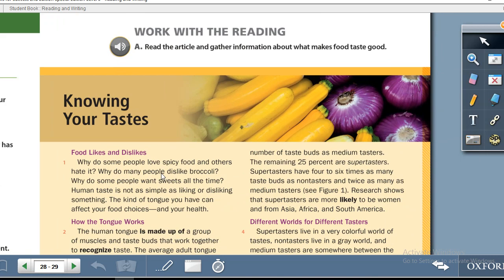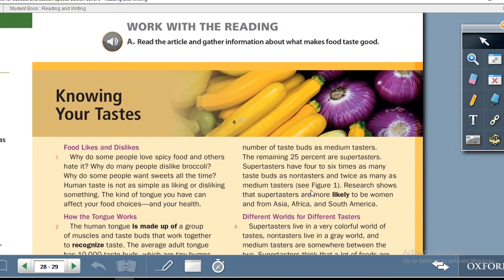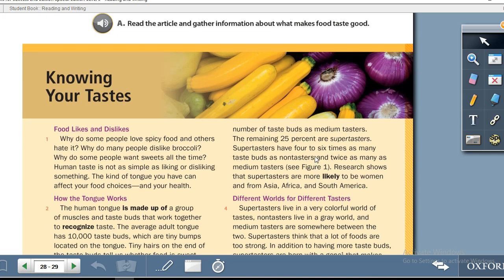Right, so let's turn over to the next page. Now this is where the reading is. It says work with the reading. Exercise A. Read the article and gather information about what makes food taste good. So basically this reading is called Knowing Your Tastes, right?